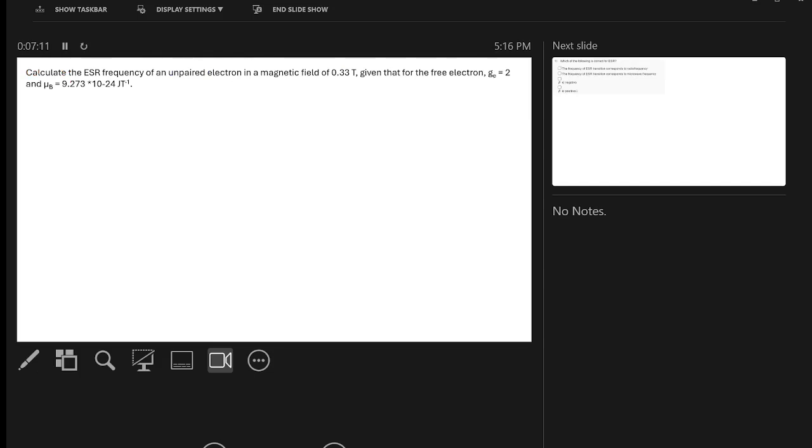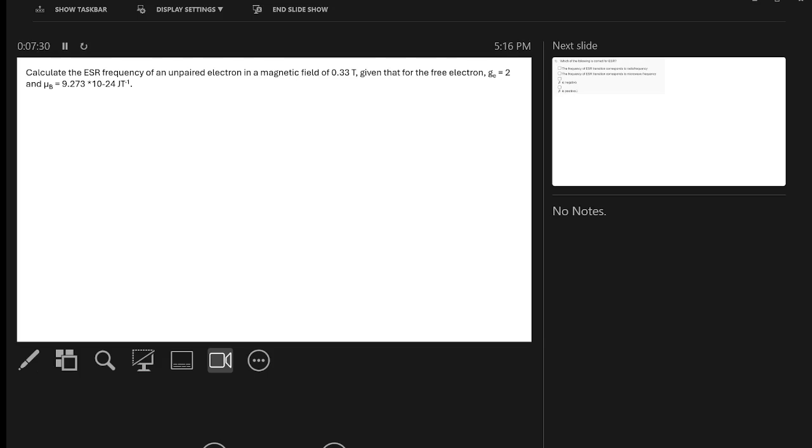Calculate the ESR frequency of an unpaired electron in a magnetic field of 0.33 Tesla, given the values of g and mu B for the free electron. The question is asking to calculate the frequency.